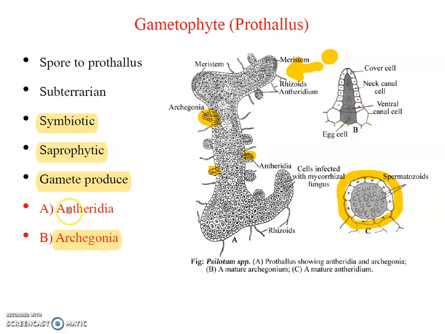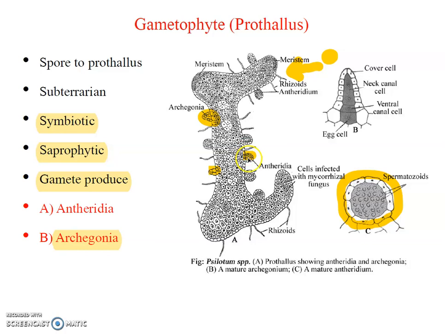The antheridia, the male reproductive organ, produce spermatozoids, and the archegonia produce the egg cell at the ventral base. Here is the egg cell and here the spermatozoid.